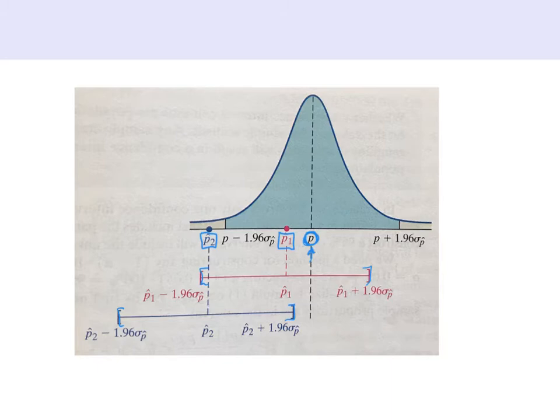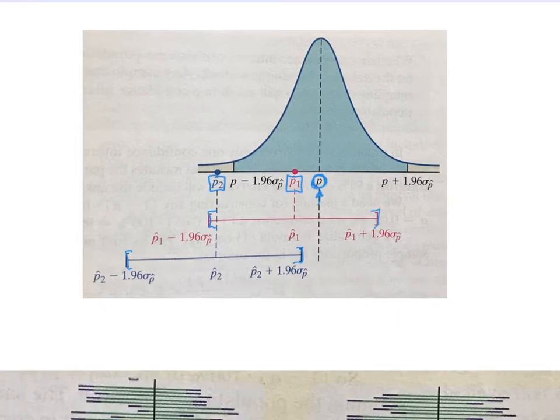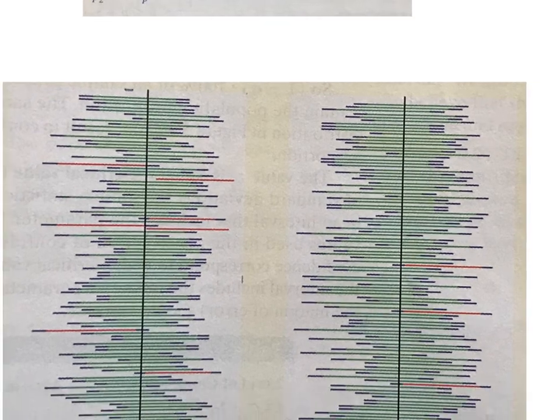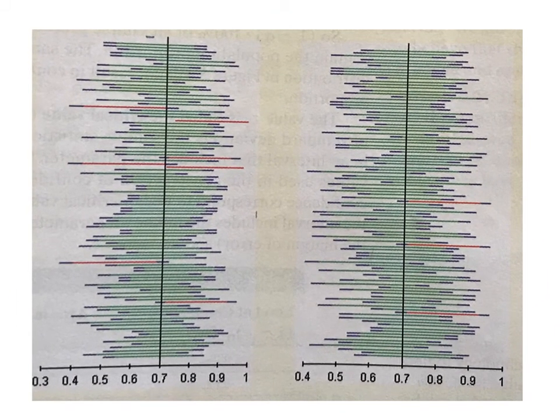So really, what it would look like is if I move down a little bit more. Now, this is a ridiculous looking picture, but it represents lots and lots of confidence intervals. Each of these horizontal lines is its own confidence interval, and almost every time, they contain the parameter.